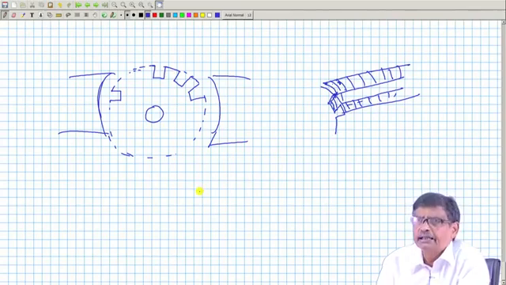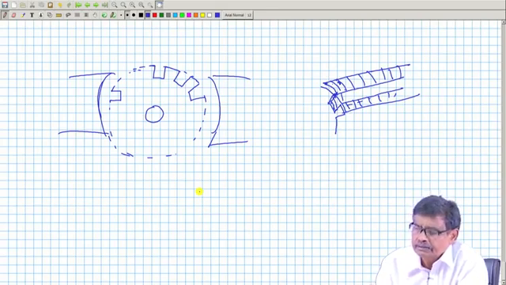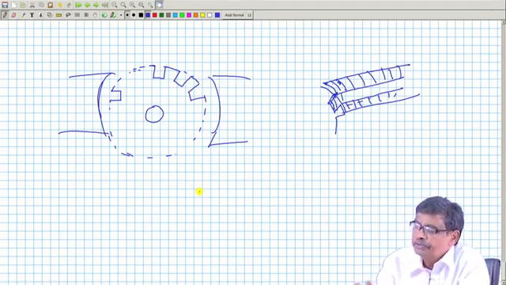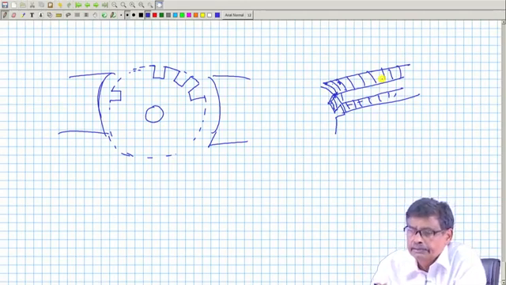If it is a separately excited machine and you are not changing the field current, the strength of the eddy current, I know, depends upon the frequency of the induced voltage. The frequency of the AC induced voltage in the armature body will be Pn by 2, like that.